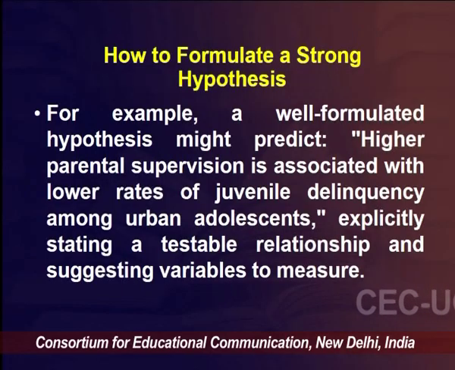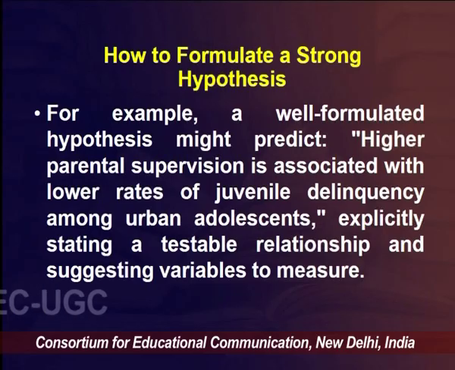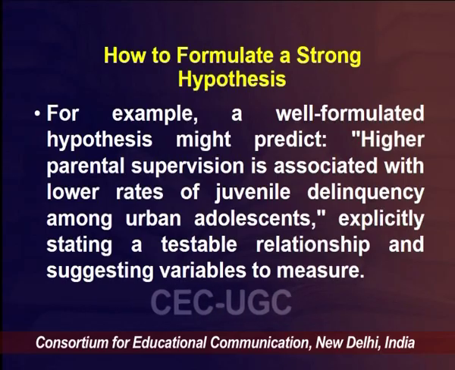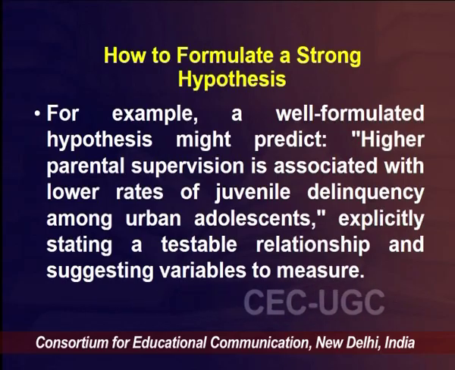For example, a well formulated hypothesis might predict higher parental supervision is associated with a lower rate of juvenile delinquency among urban adolescents. Now, this is explicitly stating a testable relationship between parenting and juvenile delinquency. So, the variables or the concepts that need to be measured are clearly defined.